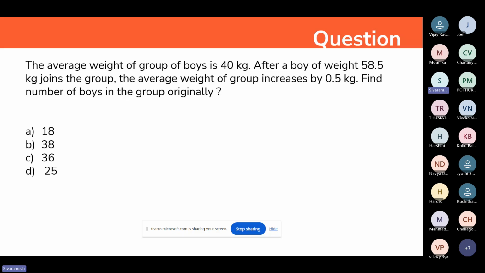If you all are done, there is no point of staying on the same question. Shall we go for the next one, or should I explain this question? Anything on your wish? Sir, explain it. Okay.